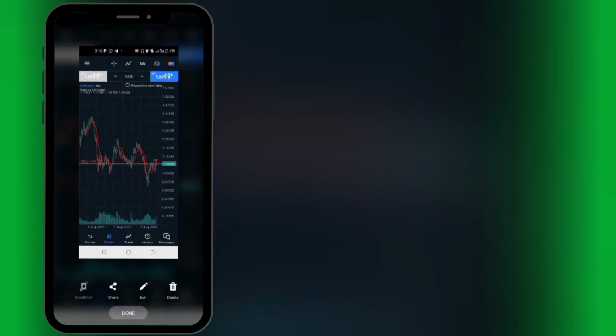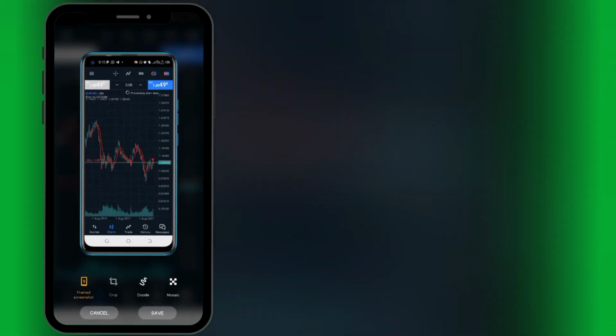So as you can see right here, the market is making lower highs and lower lows. Lower highs and lower lows. So automatically the market is in a downward trend. The market is trending down.